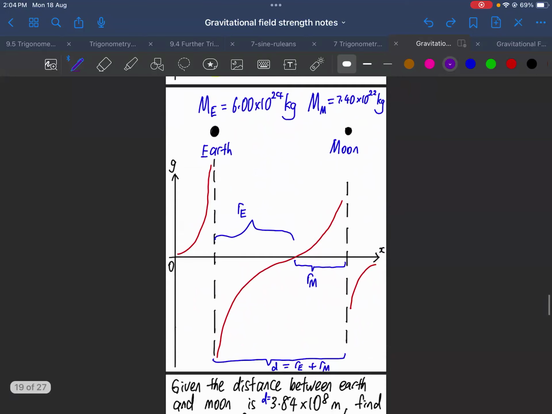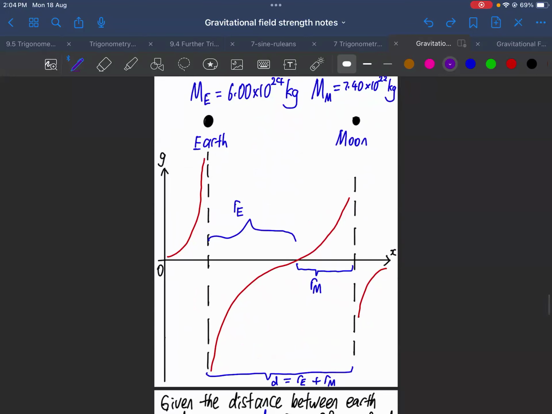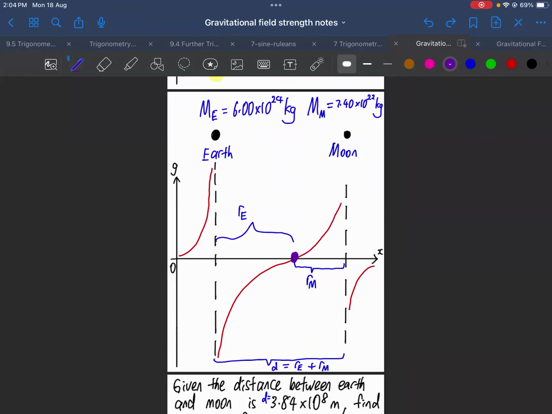Now you see this point, can I say that the distance between this point and the Earth is RE, and the distance between this point and the moon is RM? Today you have been given the mass of the Earth and the mass of the moon.